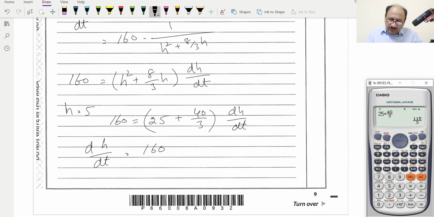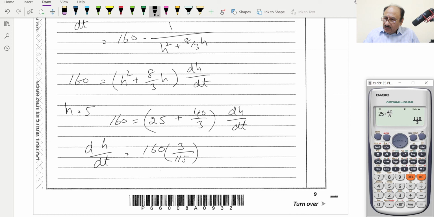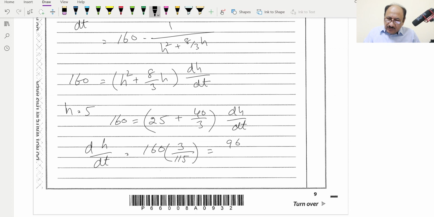So when we shift 115 by 3 to the other side, it will be 3 over 115 times 160, and this will be equal to 96 over 23.